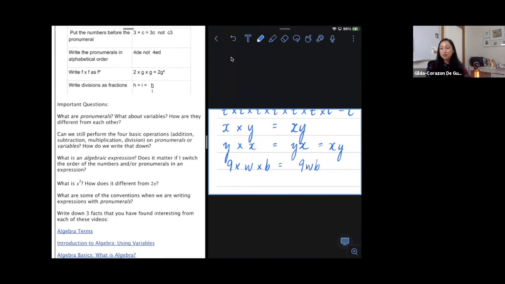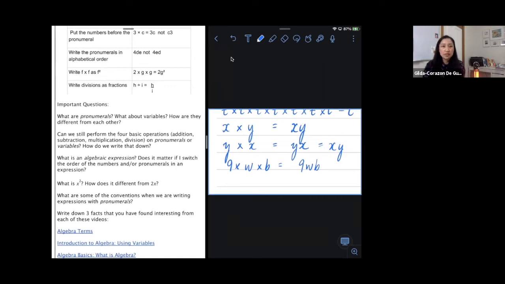What are pronumerals? What about variables? How are they different from each other? Write in the chat. Can we still perform the 4 basic operations: addition, subtraction, multiplication, division? Why stop there? Can't we have indices for this one? Or even brackets for this one? Okay, what is an algebraic expression? Does it matter if I switch the order of the numbers and or the pronumerals in an expression?